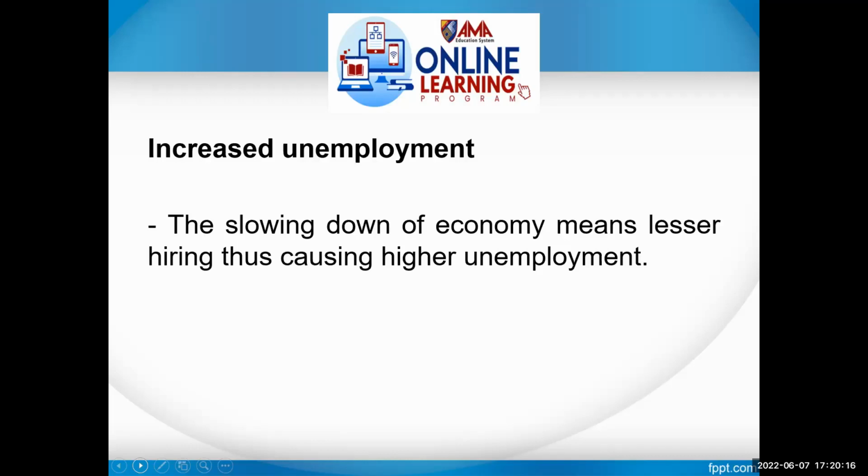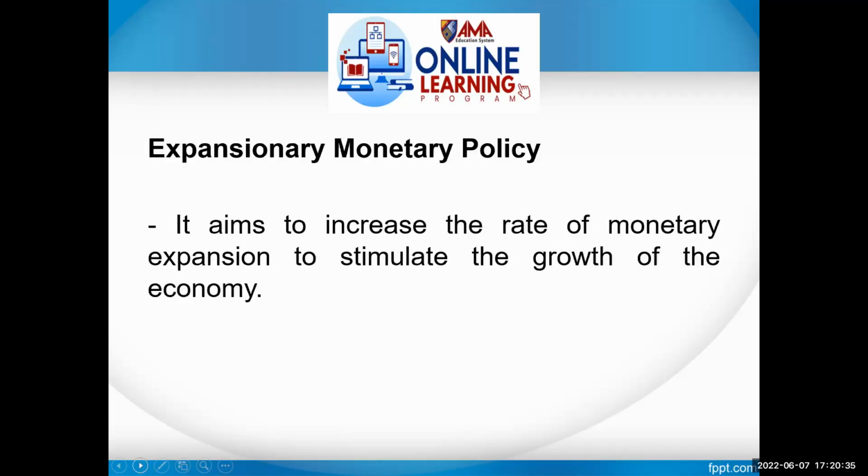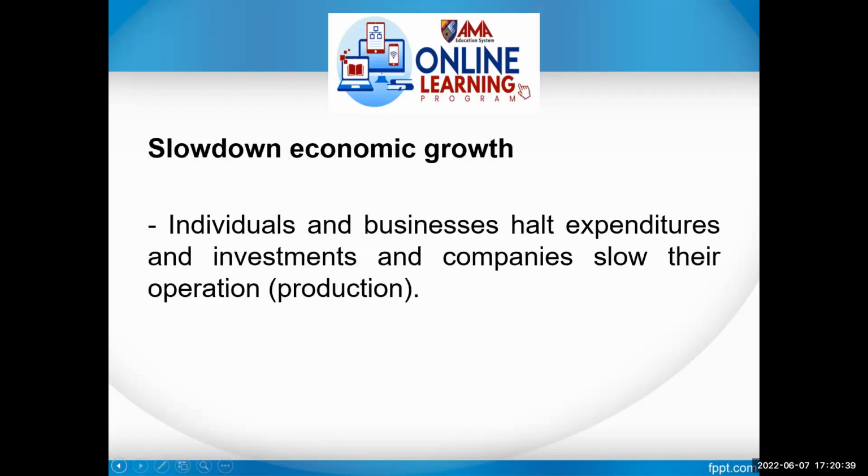It means no hiring or lesser hiring, and thus it causes higher unemployment. So we see the economic activities have a relationship. They are interrelated. So we are through with the contractionary monetary policy.